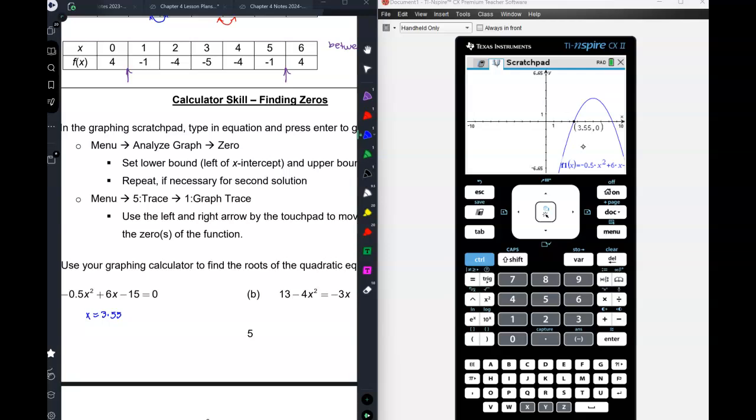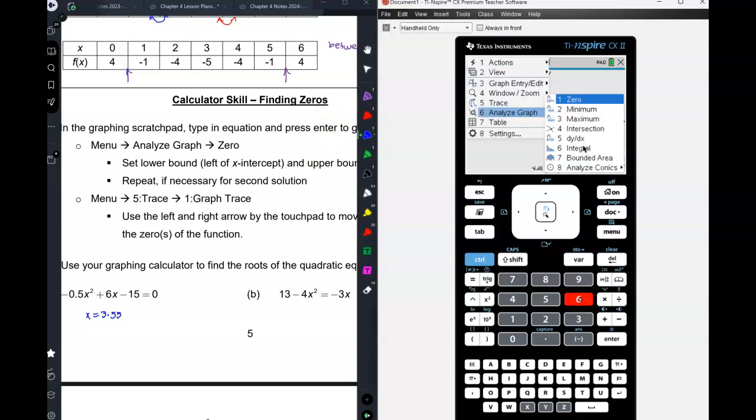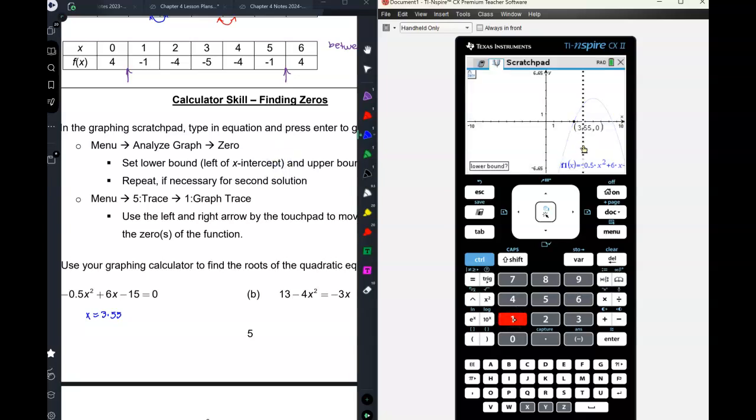And then if you want to find the other one, you do it again. So menu, 6 for analyze graph, and then 1 for zero. Now I want to find this second point. So I start by putting this line to the left of that second point. Anywhere will do. Drag past the point. Now look at what happened.